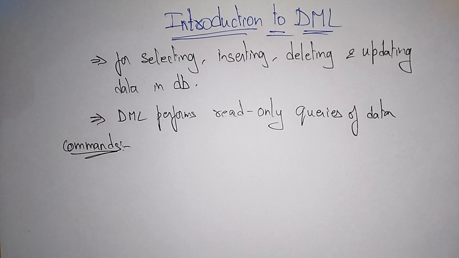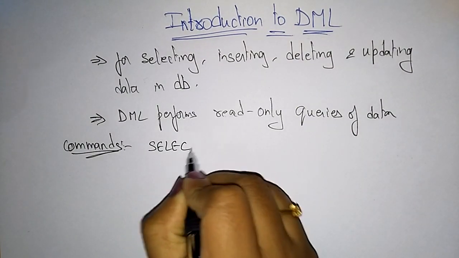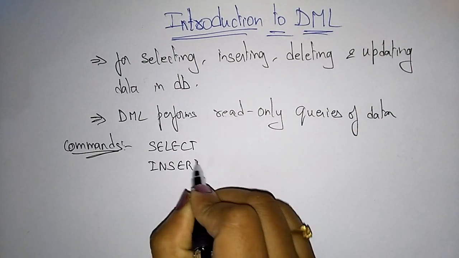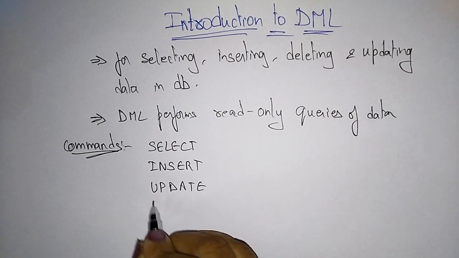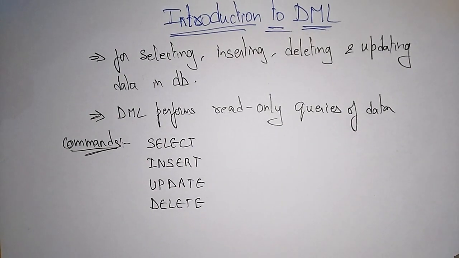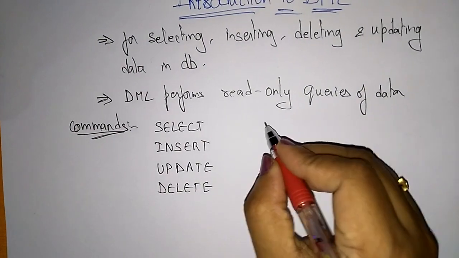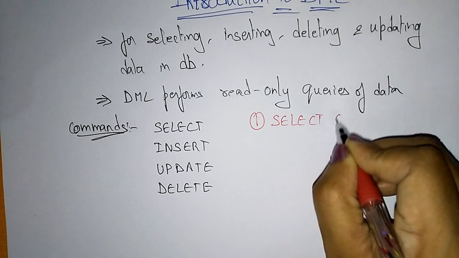Rename and truncate are also data definition language commands, whereas the data manipulation commands are select, insert, update, delete. These four are the data manipulation language. Let us see them one by one. The first one is the select command.